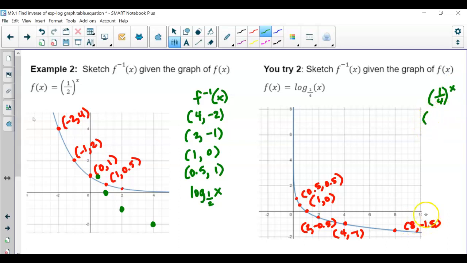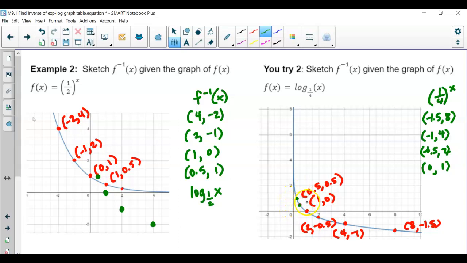So instead of 8, -1.5, now I've got -1.5, 8. Then -1, 4, -0.5, 2, and 0, 1, as well as we could have 0.5, 0.5, which just really stays the same.